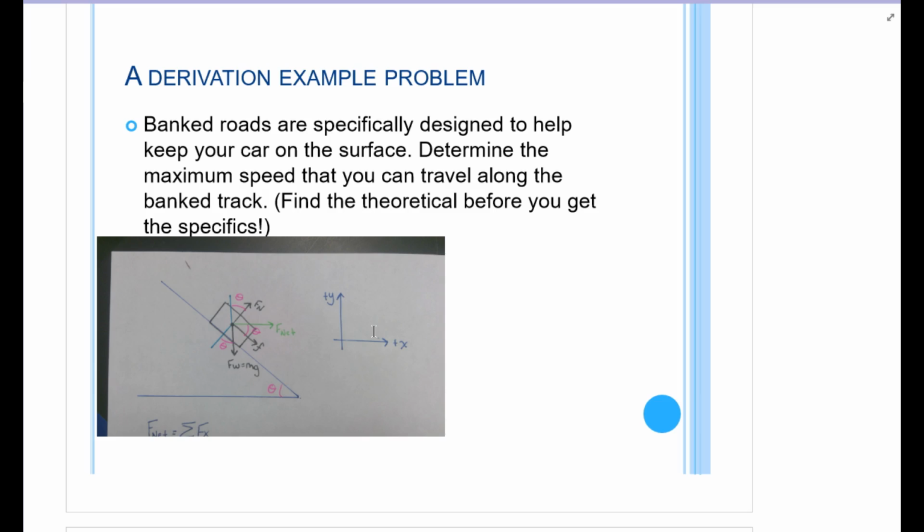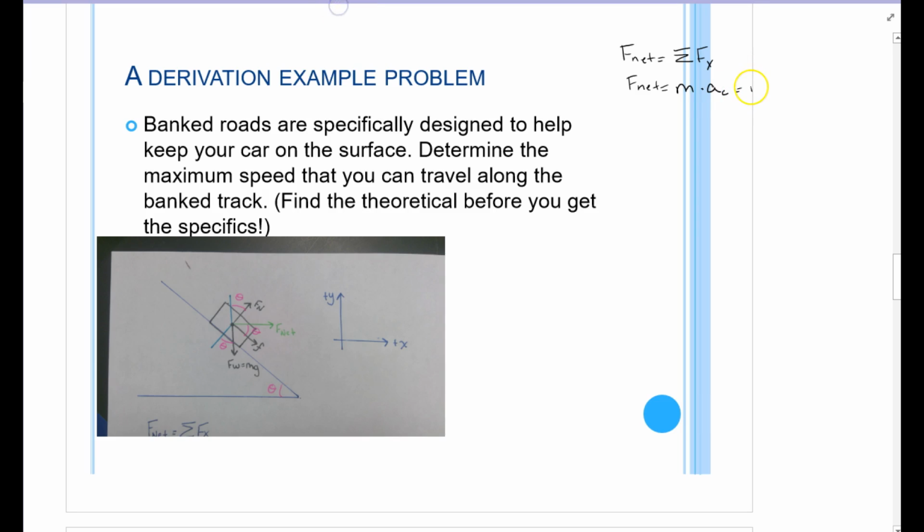So like I said, my F net is going to be the sum of my forces acting on my particular object. My F net, like I already established in my picture, is in the X direction. We also know that F net is equal to the mass of my object times my acceleration. This acceleration is the centripetal acceleration because it is moving in a circular path.